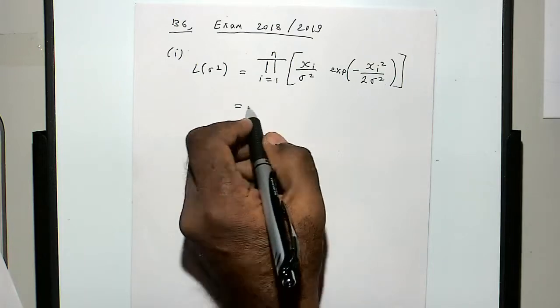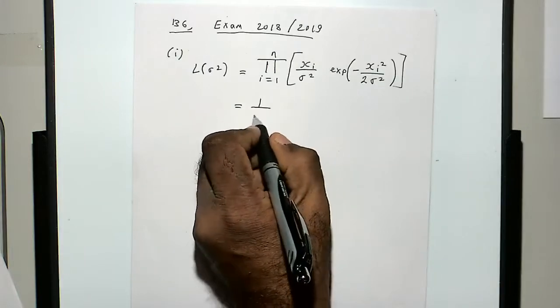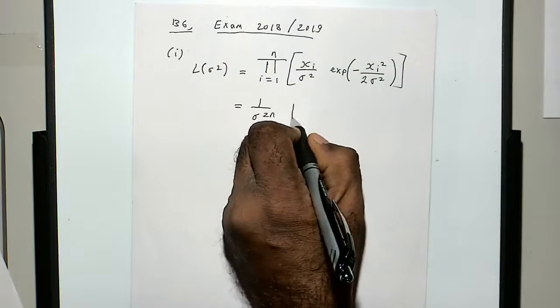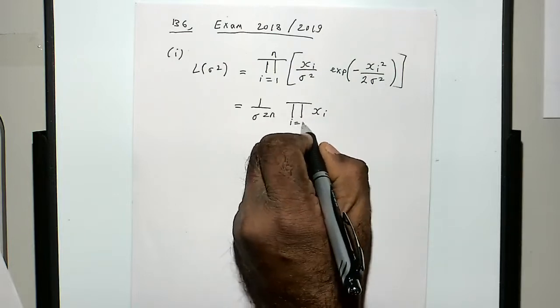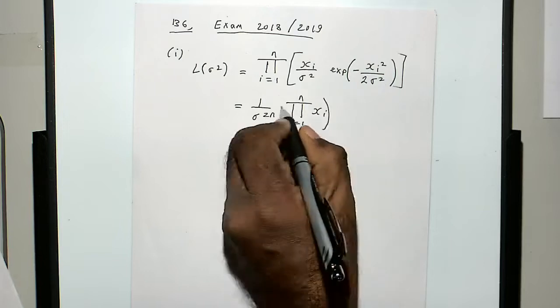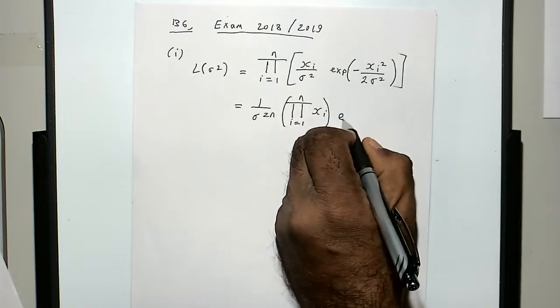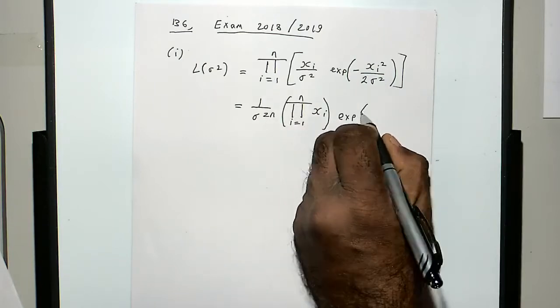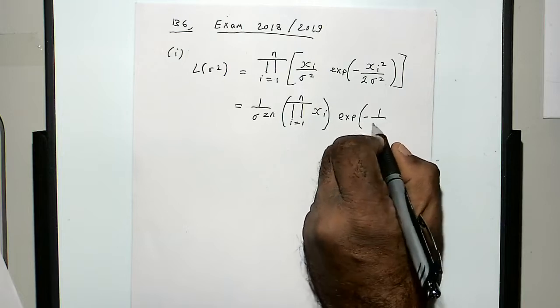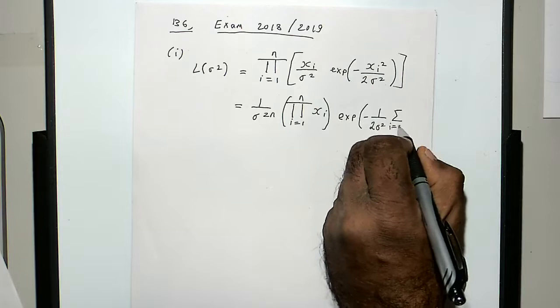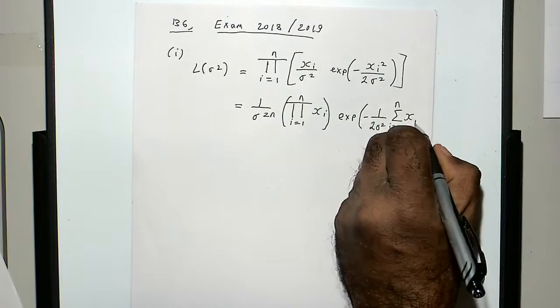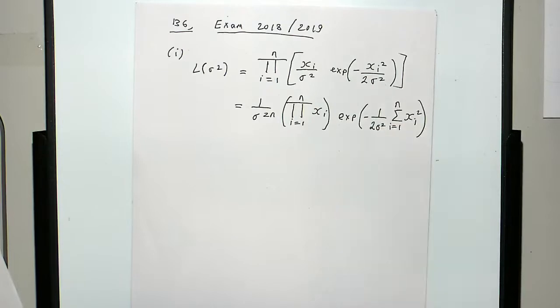So if you do that, this is what you will get. I'm not going to explain, but I hope you know this stuff. You should do the products of terms, right?